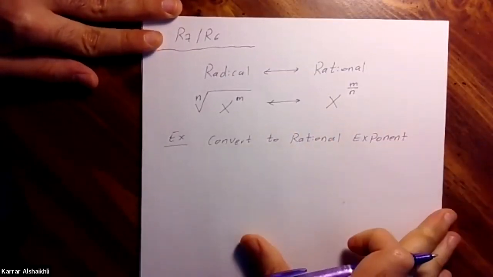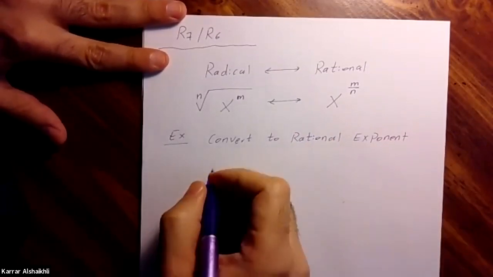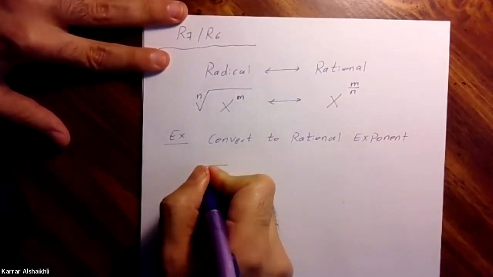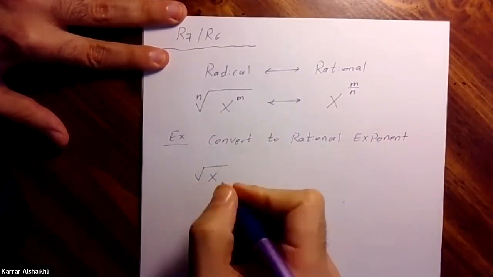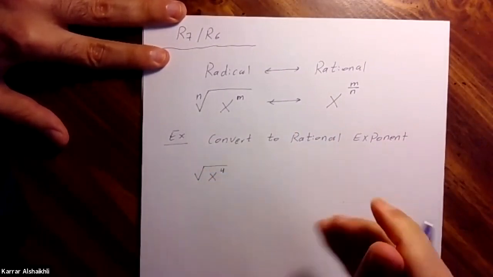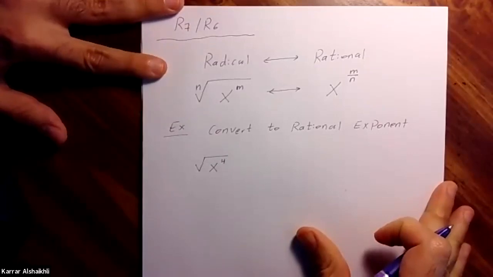So if we have the square root of x to the power 4, here's the first example.